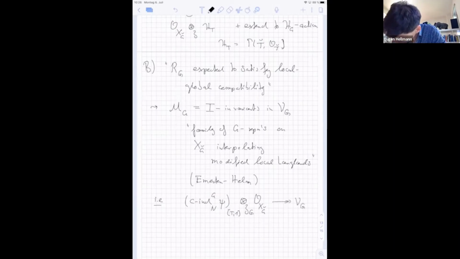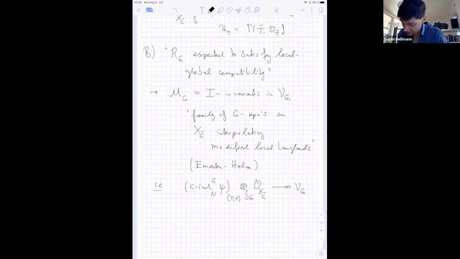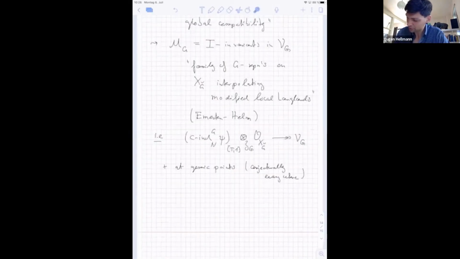And then the representation V_G is supposed to be a quotient of this guy, at least at generic points, and conjecturally everywhere. The fibers: you pick a point x, which consists of some phi and n, and then you can take this big family and take the fiber at a point x.